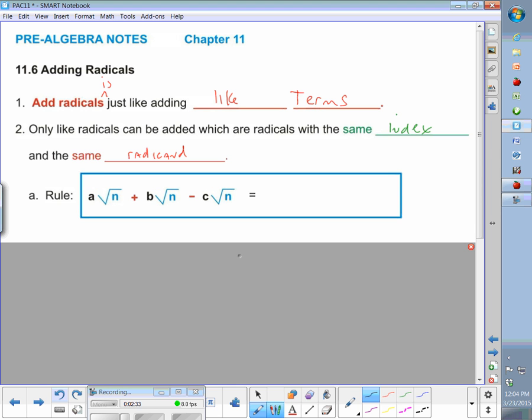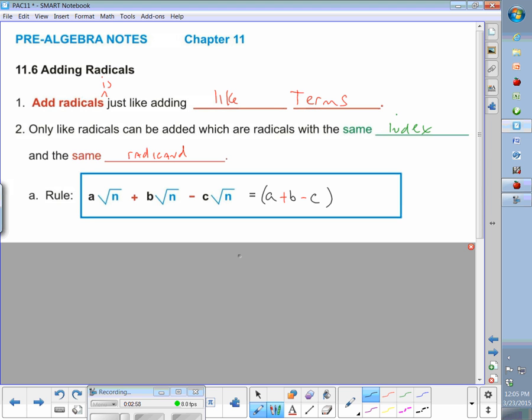So how do you do it with letters? If you remember, we had to have a parentheses because we got to add the A amount, the coefficient, right? How many of the first one? There's a plus sign between the first and the second. The B is the second one. How many of them are there for the second one? And then we've got a minus sign for how many of them there are in the third one, right?